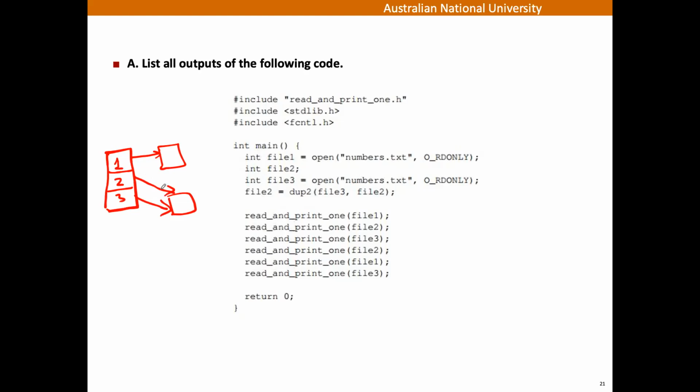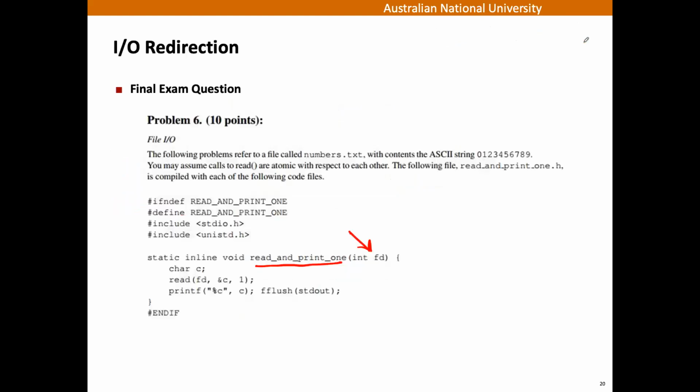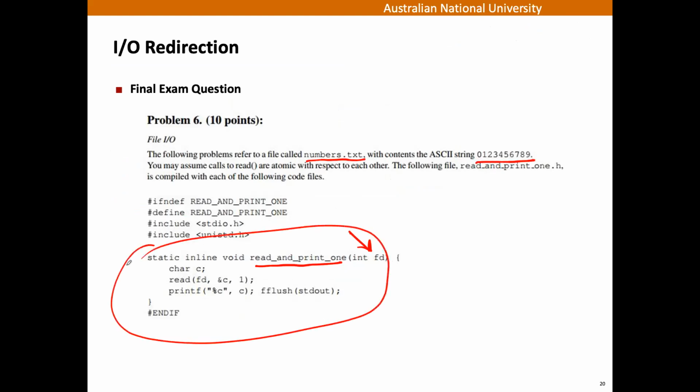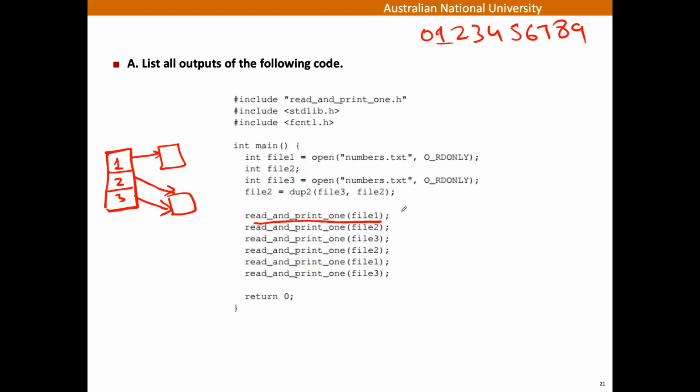So let's do this. What will this print? File numbers.txt has 0, 1, 2, 3, 4, 5, 6, 7, 8, 9, and this routine prints one character and increments the file position. So this will print 0, right?